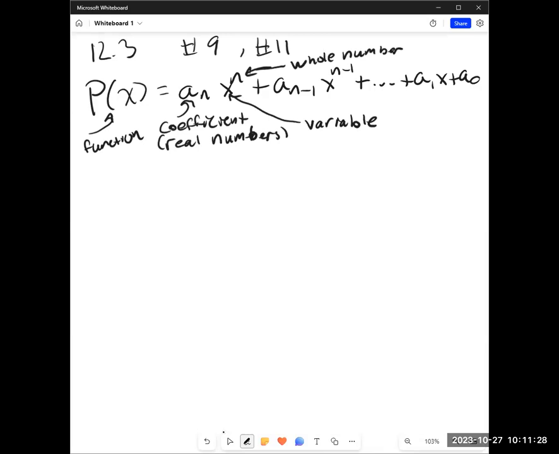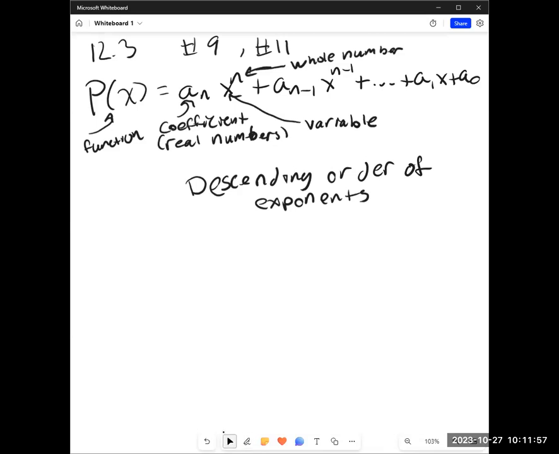So I have whole number exponents on x, and this is written in what we're calling descending order of exponents. That is typically how we write our answers. So the highest exponent term gets written first, then the next highest one.